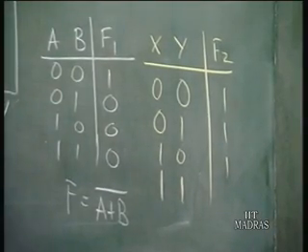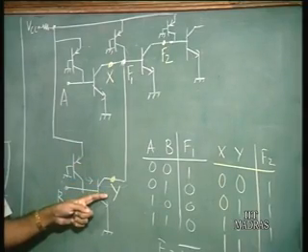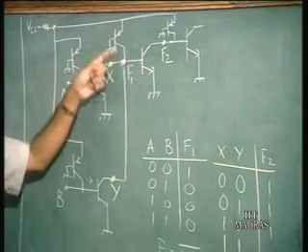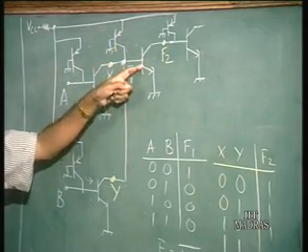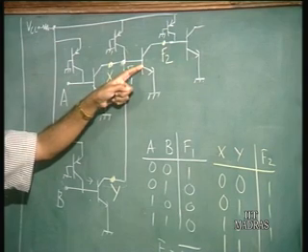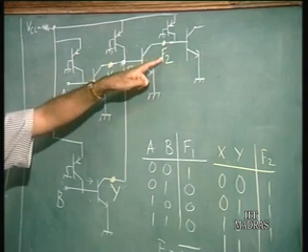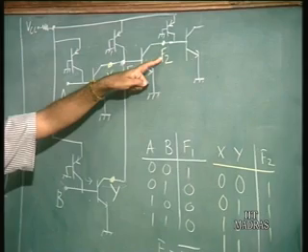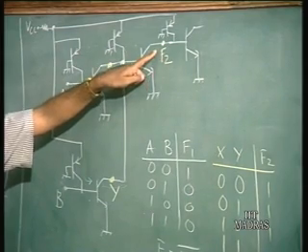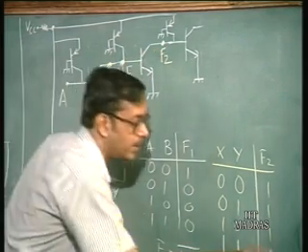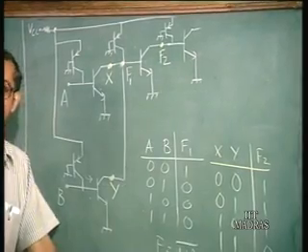And when both of them are cut off, then only this current flows into the base here, and when it flows into the base, this transistor goes to saturation, and the output is low. So what is the logic here? It is NAND.